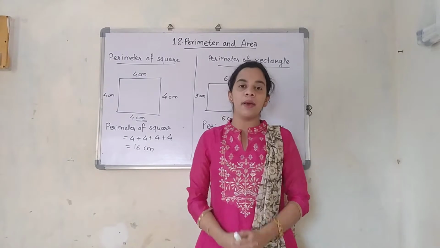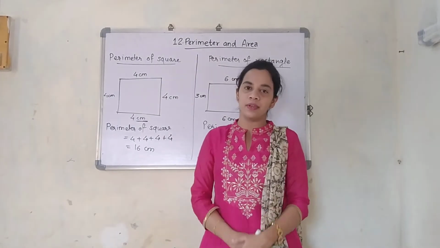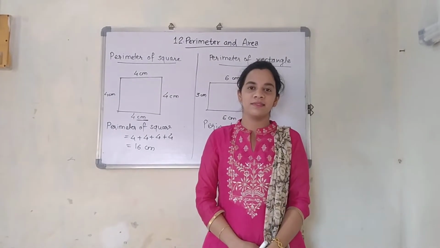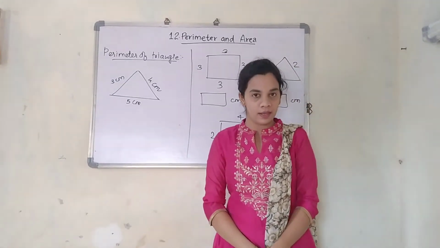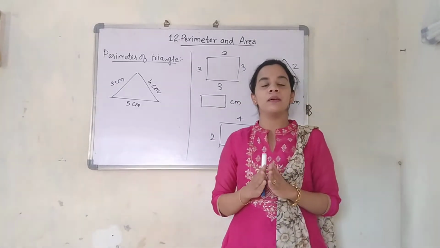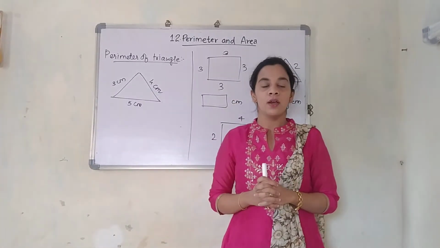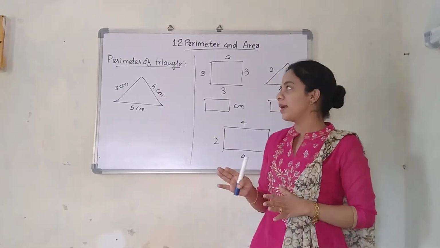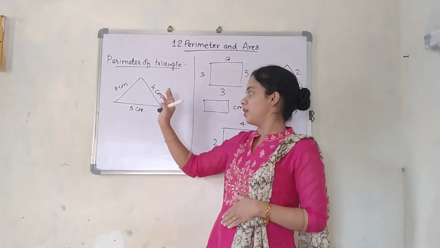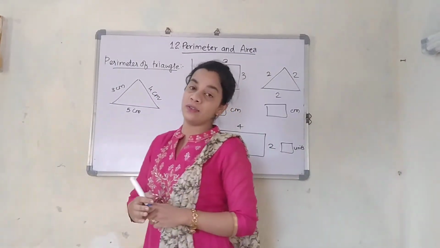Now we will see the perimeter of a triangle and some random figures. Again I am telling you, perimeter means what? Addition of all the sides. So the perimeter of a triangle will be the addition of all the sides of the triangle. Right now 3 centimeter, 4 centimeter and 5 centimeter are the sides of the triangle.